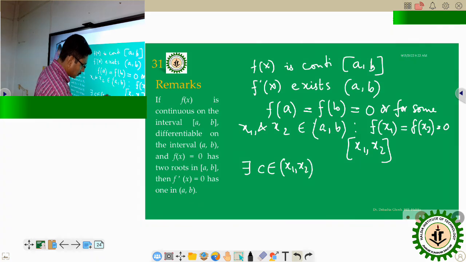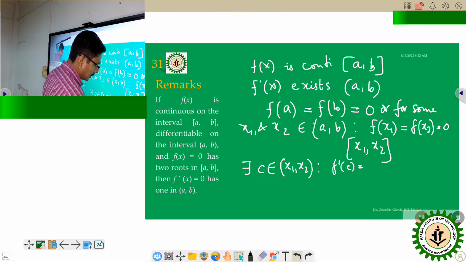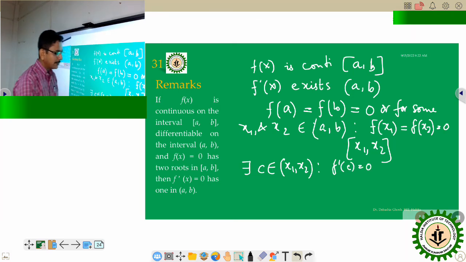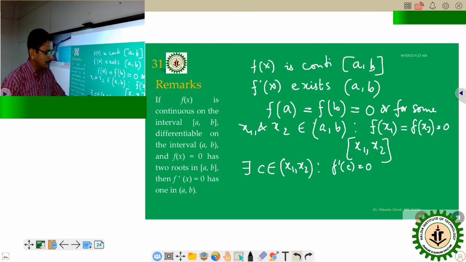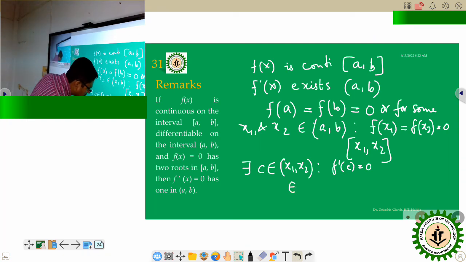Since f'(c) = 0, where c lies in the open interval (x1, x2), this c also belongs to the open interval (a, b), because we have chosen x1 and x2 from the open interval (a, b).